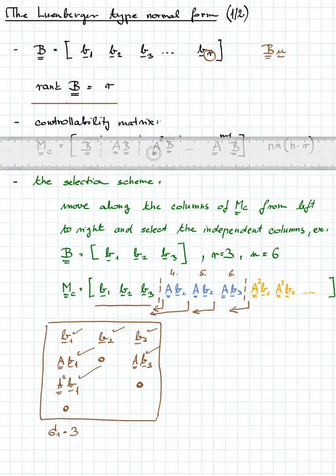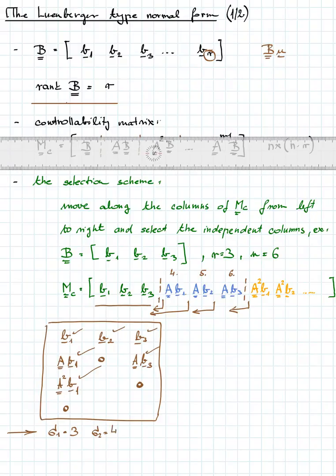So that's why I'm going to introduce the index sigma. Sigma 1 is equal to 3. Sigma 2, in the second column of the scheme, will be equal to 3 plus 1: 3 from the first column, and 1 from the second block.